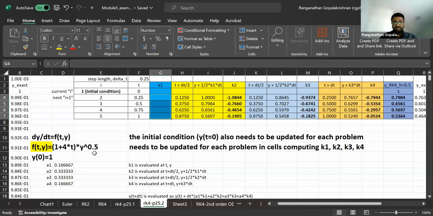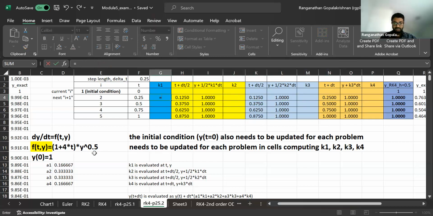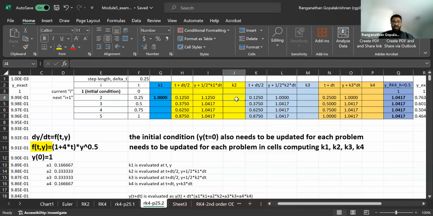So you can delete these K1, K2, K3, K4 values, and then we'll have to recalculate them by writing 1 plus 4 times t, as in current time, multiplied by square root of y value. And then K2 has to be evaluated at these 2 points, okay?